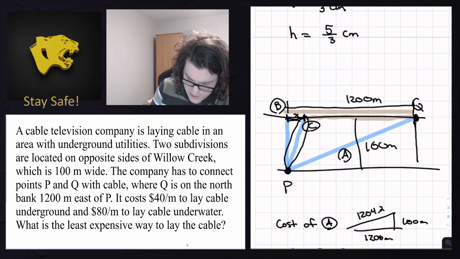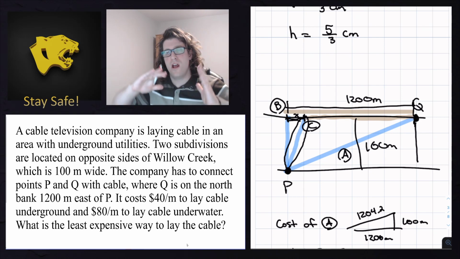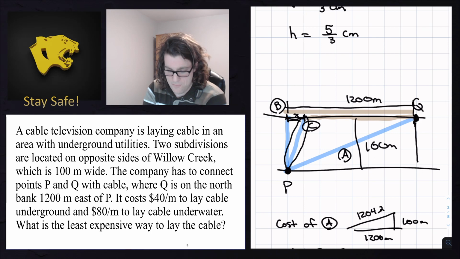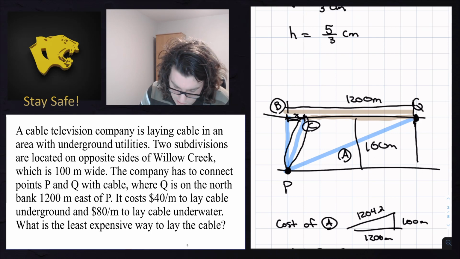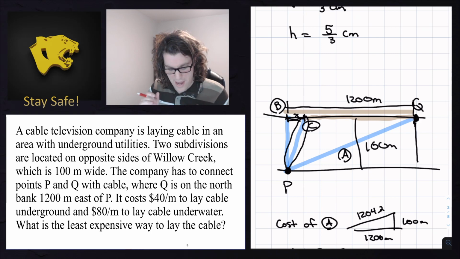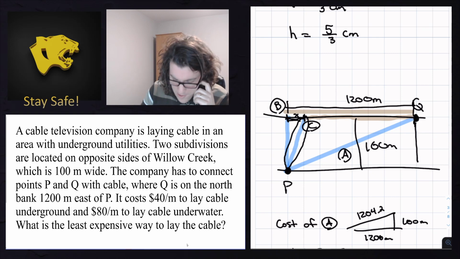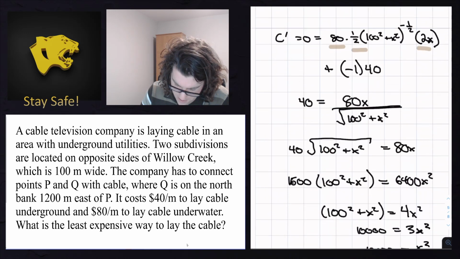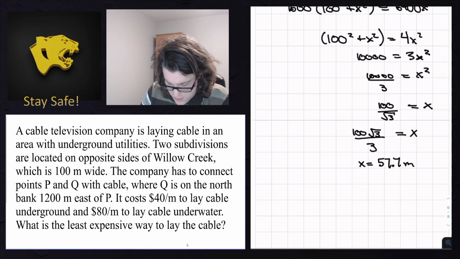It is a fairly small X, because the more we bend it over, the more underwater we have to go. But it does save us a little bit of total distance while not adding on a lot of underwater.